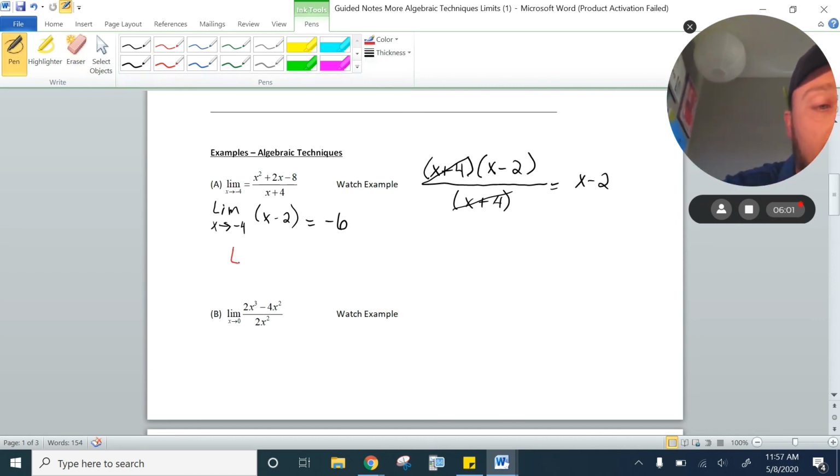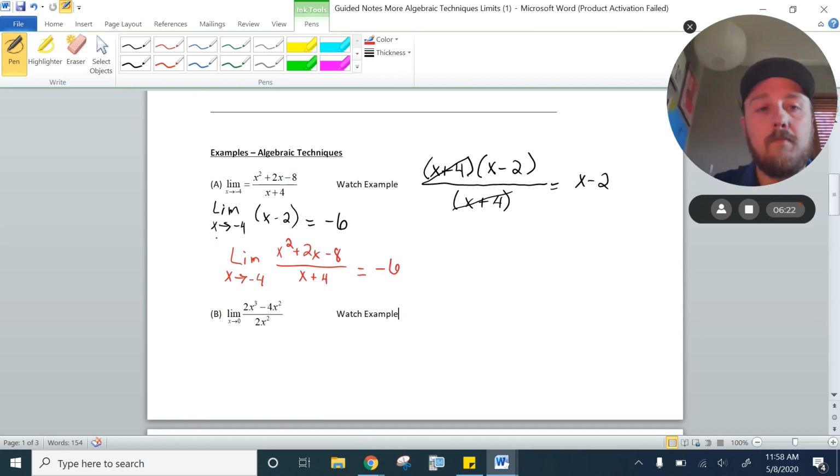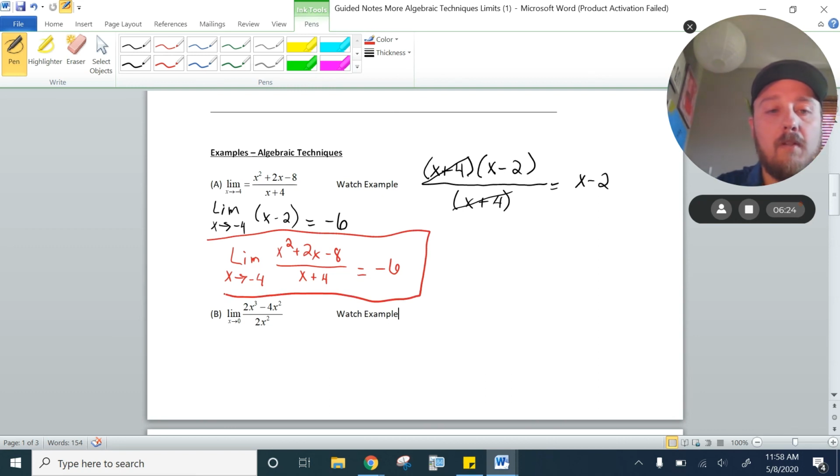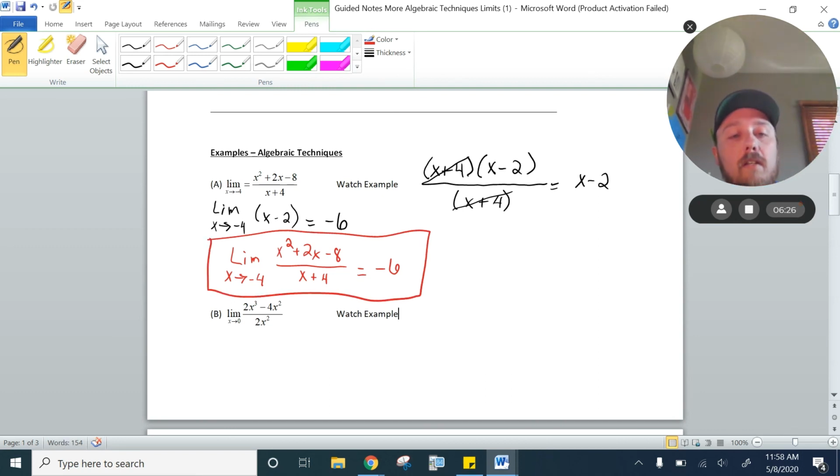The question at hand is finding the limit as x approaches -4. There. That would be your final answer. The limit of that original function as x approaches -4 is -6.